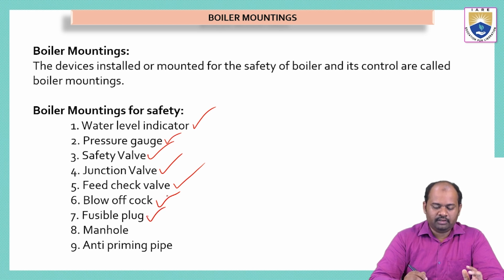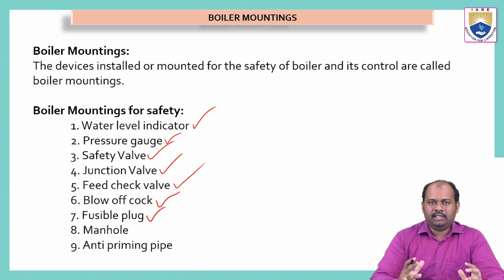And then the fusible plug. The fusible plug is a device attached to the boiler as a security measure. If the pressure inside the tank is very high, we can open the fusible plug and remove the pressure.